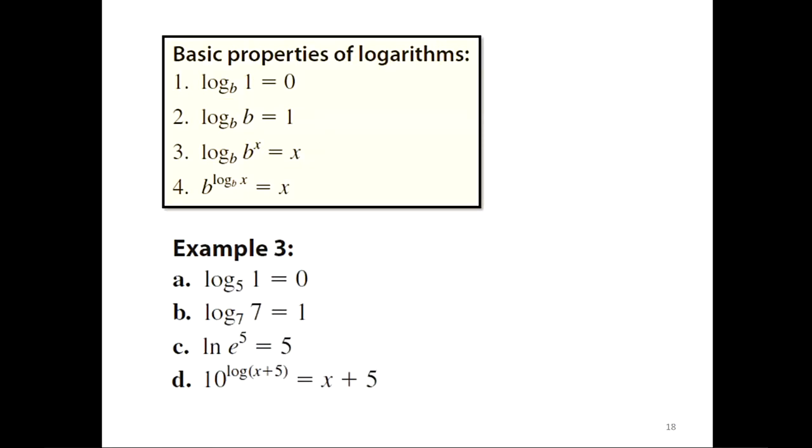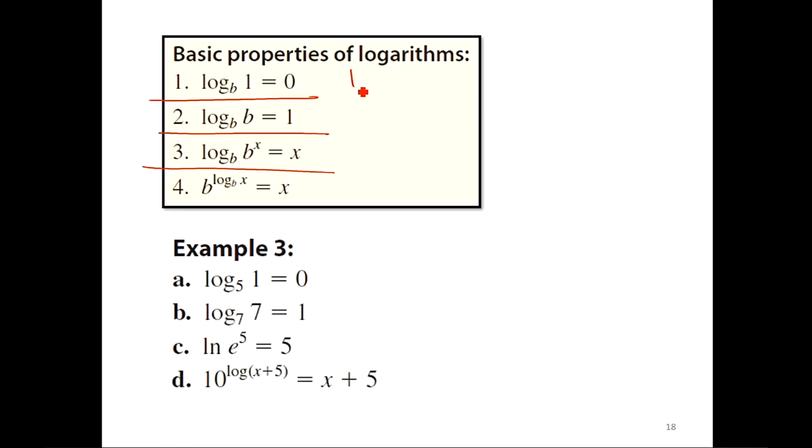We have important properties of logarithms. This is very important. These are the 4 very important properties. Look at this. Logarithm 1 always equals 0 for any base.